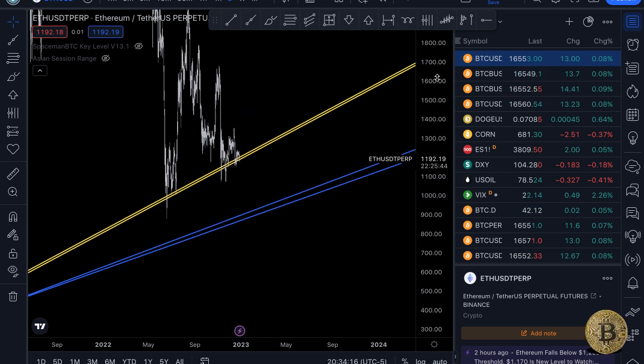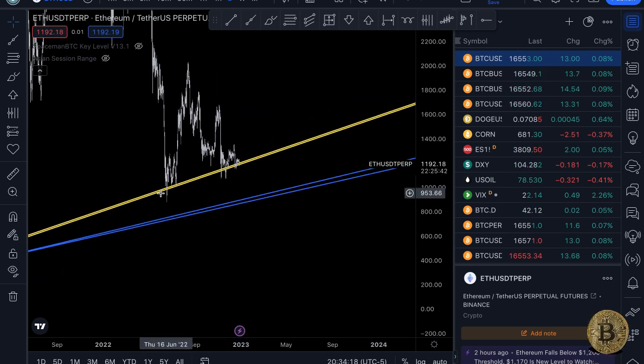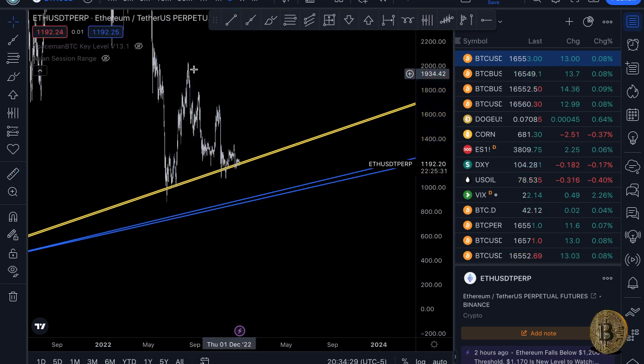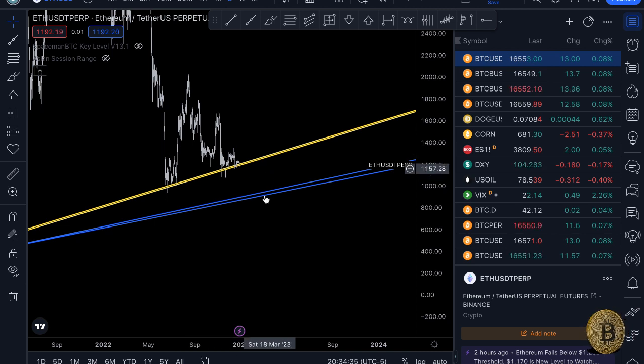I think if you had bought this low, oh, I actually bought this low. I bought ETH at 900 and rode it to 2,000 for a 100% move. 2,000 just because I wanted to fill in this gap here, but I hadn't even looked at this long time frame chart in a while.